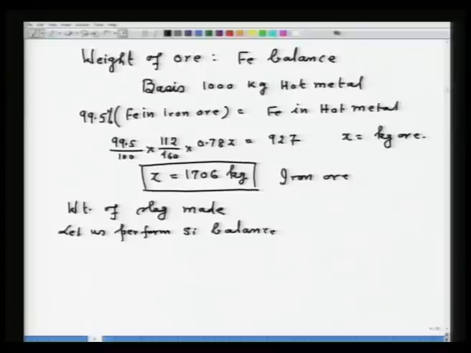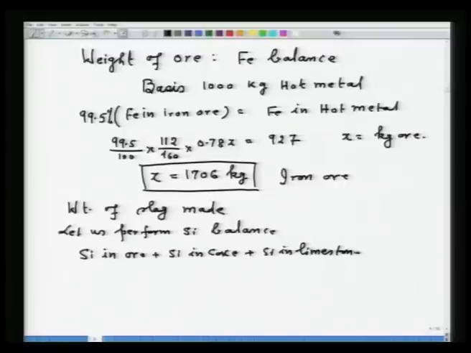Silicon balance: silicon in ore plus silicon in coke, the amount of coke is given to us, plus silicon in limestone, the amount of limestone is also given, will be equal to silicon in hot metal plus silicon in slag.